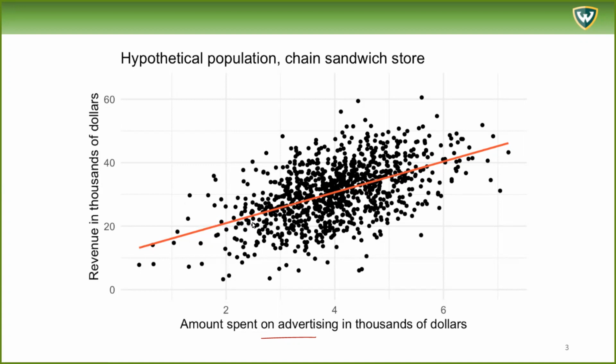And we can create this line. We can fit a line to the data by minimizing the distance between each point and the line. So we can find a line that minimizes the difference of all the points in the data to the line. And this process is called least squares regression.